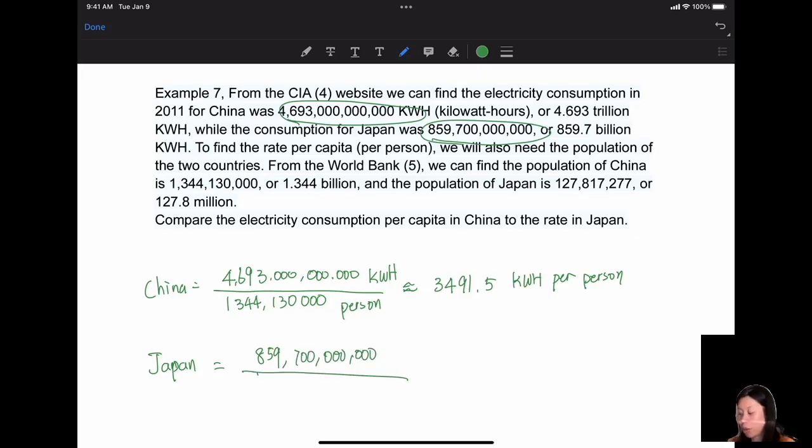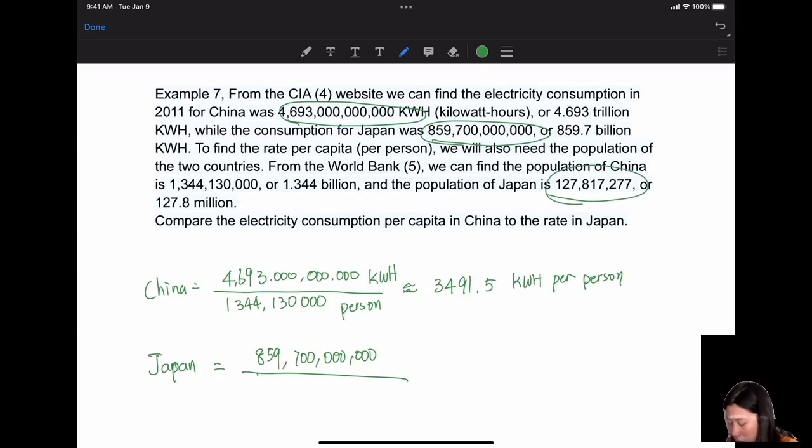And the population in Japan is 127,817,277. So by using a calculator, I will get 6,726 kilowatt hours per person.